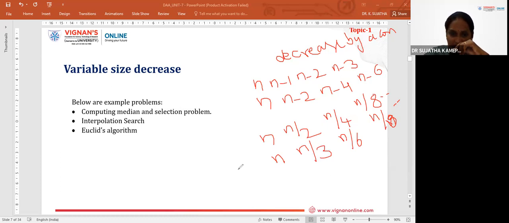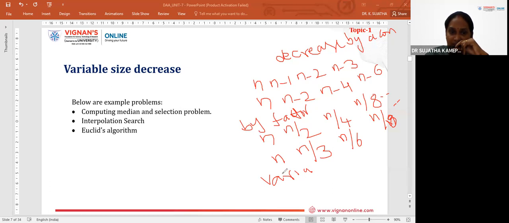But in case of variable size decrease, from one iteration to another iteration, the size reduction pattern changes. The best example for that is calculating the GCD.